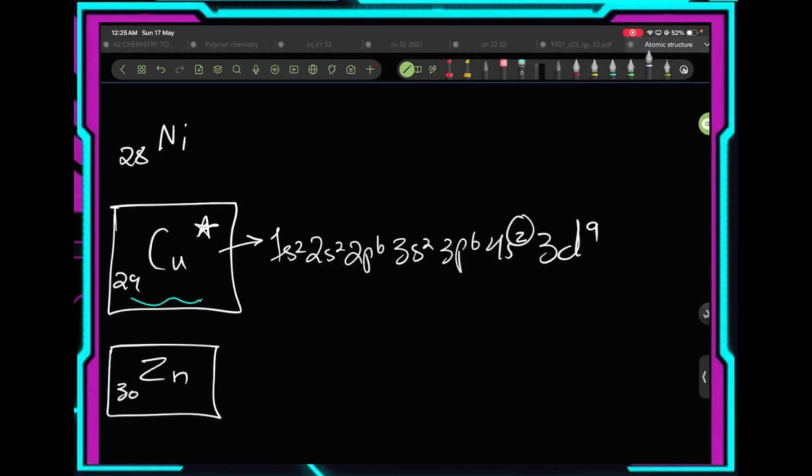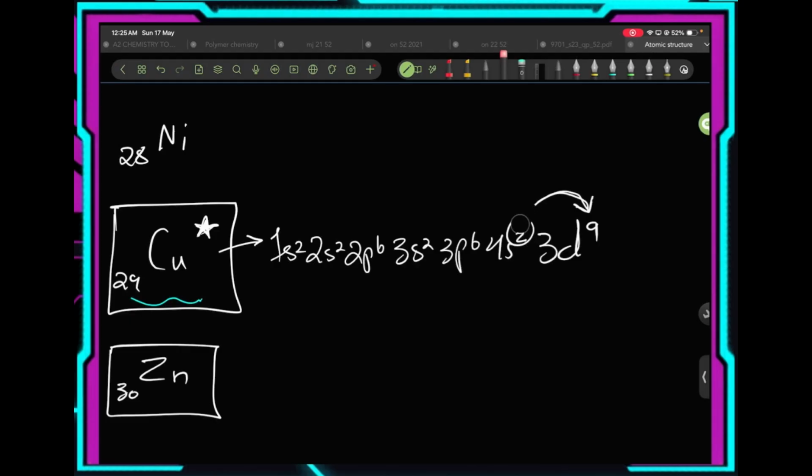If you excite one electron from the 4s orbital into the 3d, would it become a more stable, fully filled subshell? Right now it's partially filled, so yes, that is why we're doing it in copper's case also.